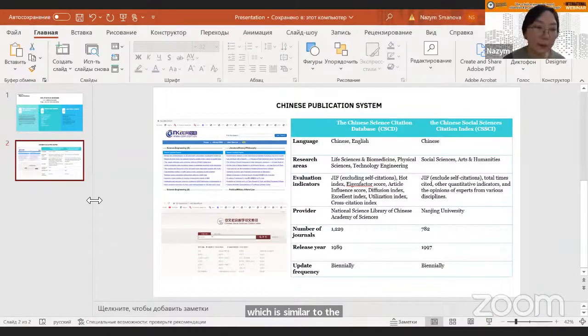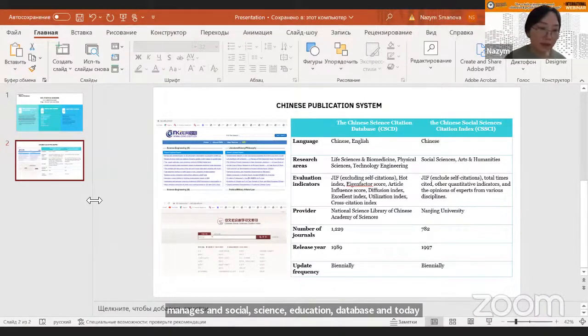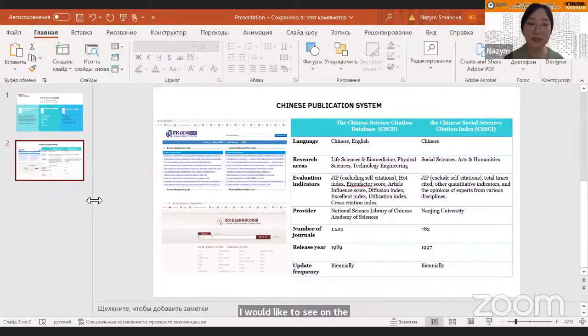They are the Chinese Social Science Citation Index and the Chinese Humanities and Social Science Citation Database. And today I would like to focus on the first database, the Chinese Social Science Citation Index.